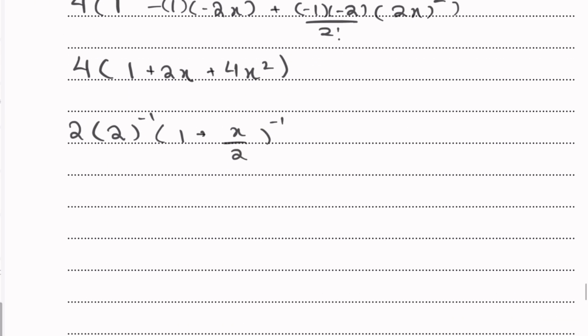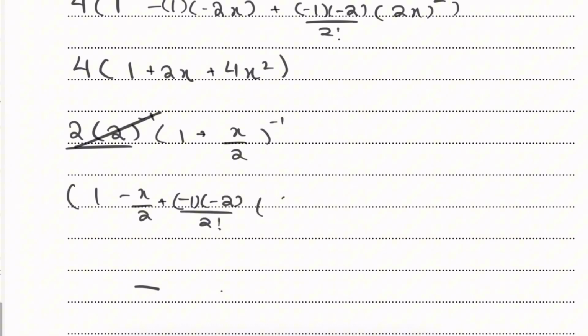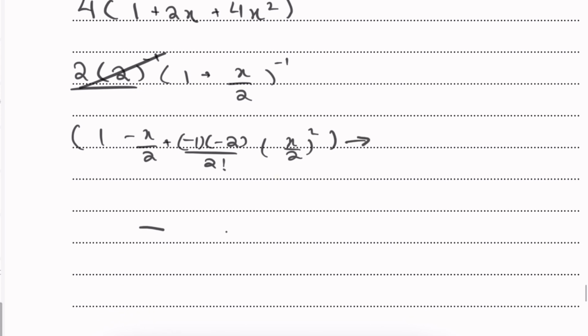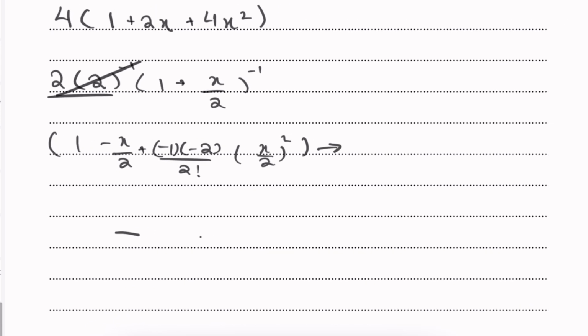Now expanding this, these 2 cancel out, and you're going to get 1, minus x over 2, plus negative 1 times negative 2 divided by 2 factorial times x over 2 and the whole thing squared. You stop here, and you get 1 minus x over 2 plus x squared over 4.